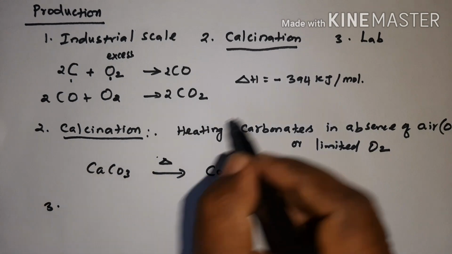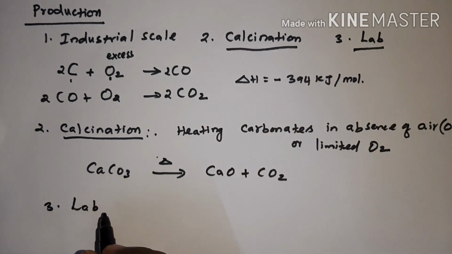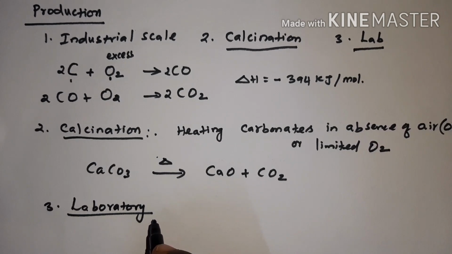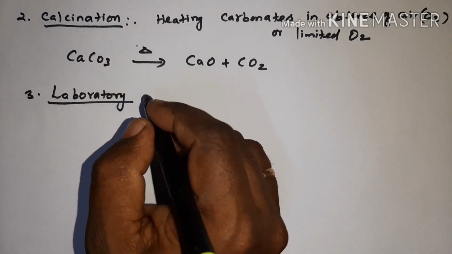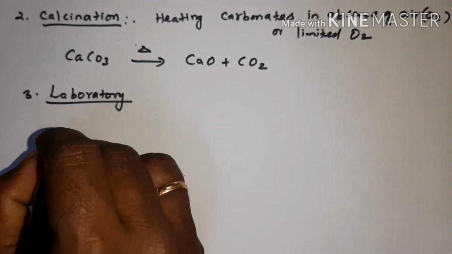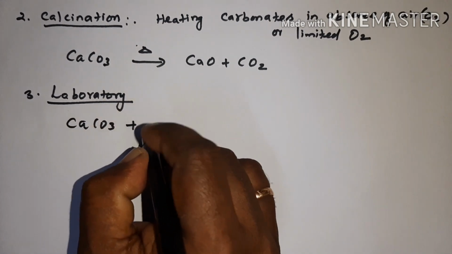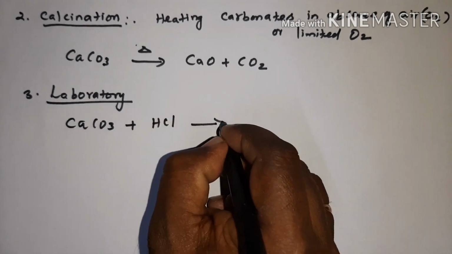Then the third method, laboratory preparation. In the laboratory method, calcium carbonate, CaCO3, is allowed to react with dilute hydrochloric acid.